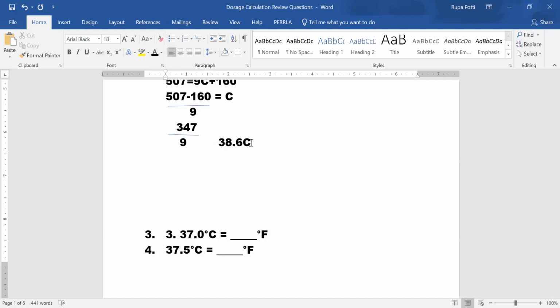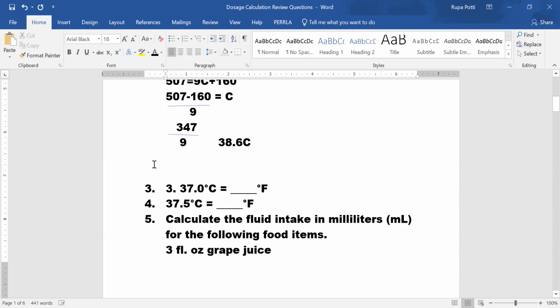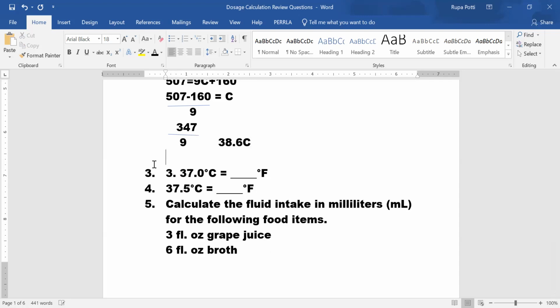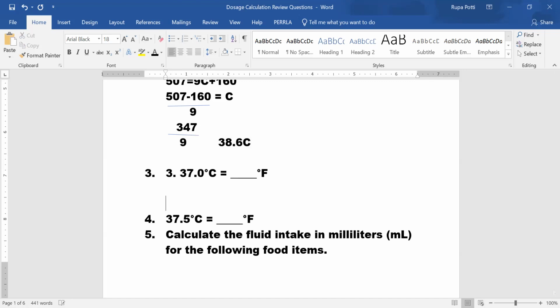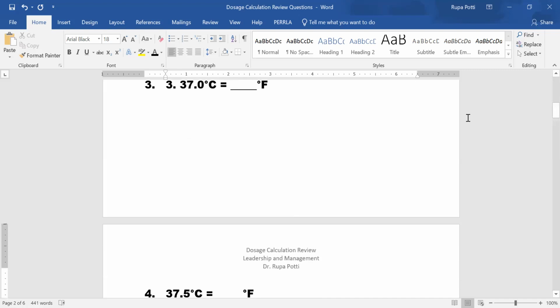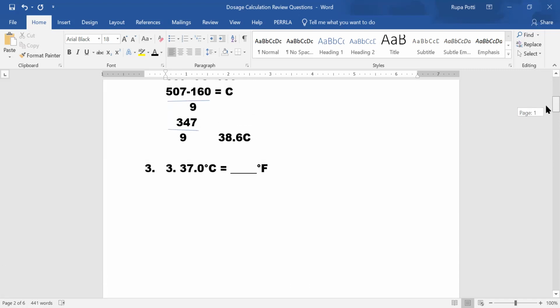That is nothing but 38.6 centigrade. So again, if there is a way that you're already using, and if it is working best for you, please don't change it. But if there is no particular way that you are using at the minute, and if you're getting confused with whatever you're doing, then this is something that you can use.